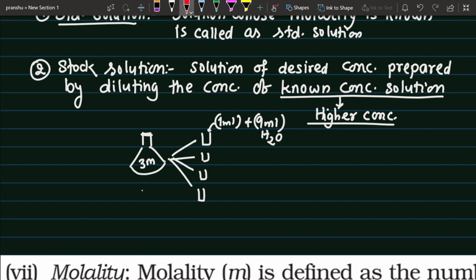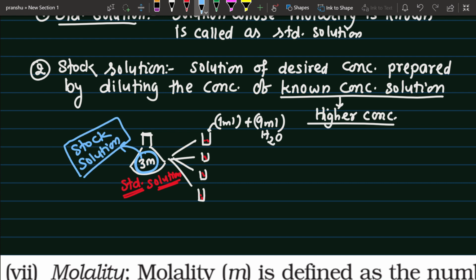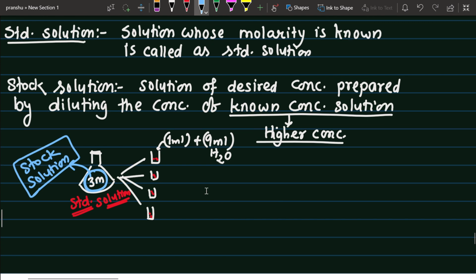So this was the standard solution. Now we are using these solutions. So this higher concentration solution is also known as stock solution. Stock solution means stored solution, preserved for long term use. So we are mixing the water here.